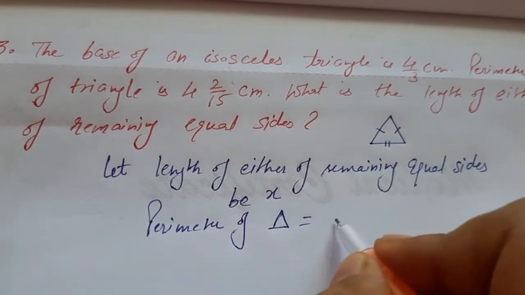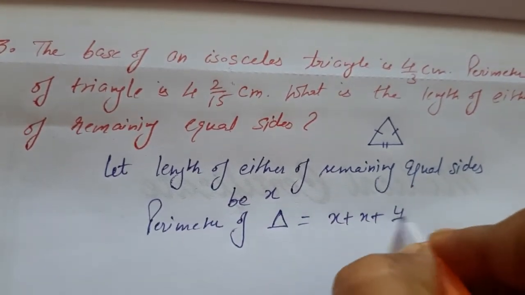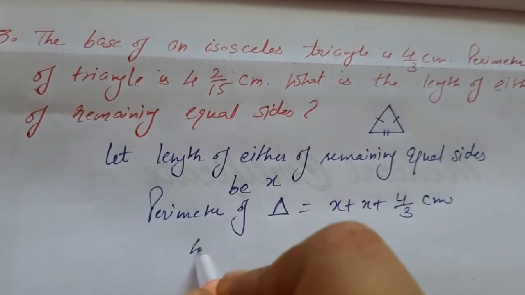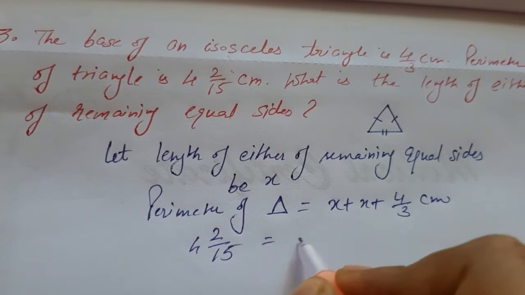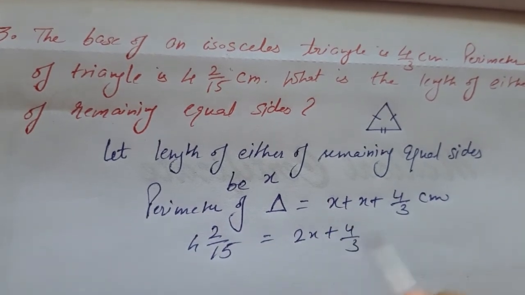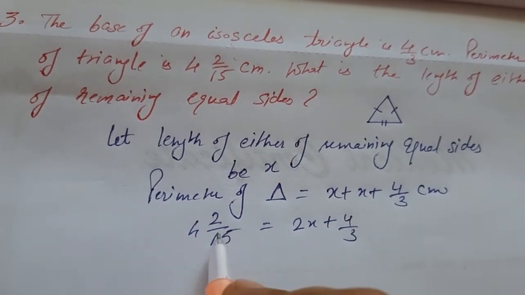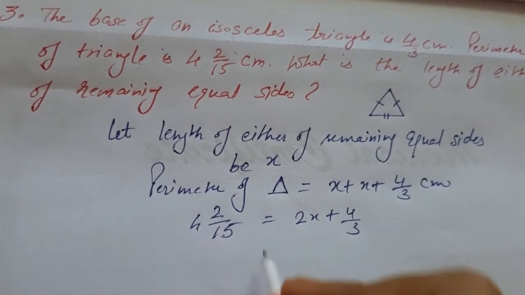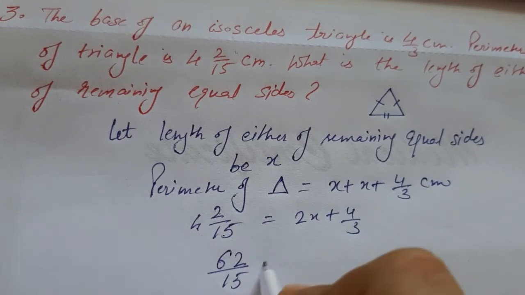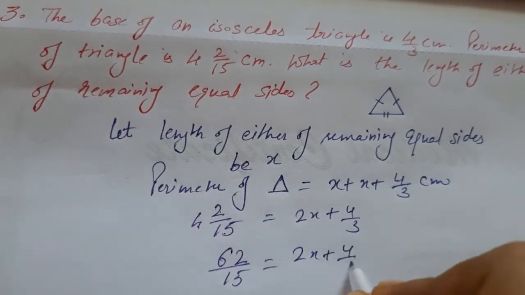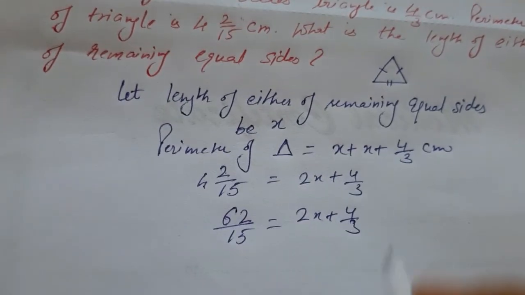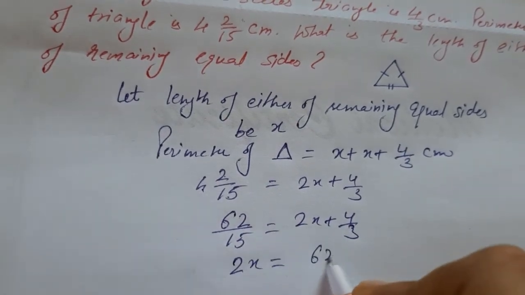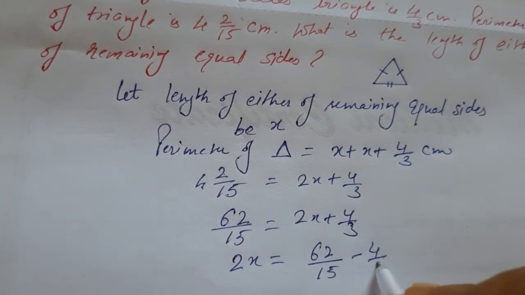Perimeter of the triangle will be 2x plus 4 by 3 centimeter. Now perimeter is given, that is 4 and 2 by 15 is equal to 2x plus 4 by 3. So let us make it an improper fraction. 15 4s are 60, 60 plus 2, that is 62 by 15 is equal to 2x plus 4 by 3. So let us transpose the number here. It can be written as 2x is equal to 62 by 15 minus 4 by 3.